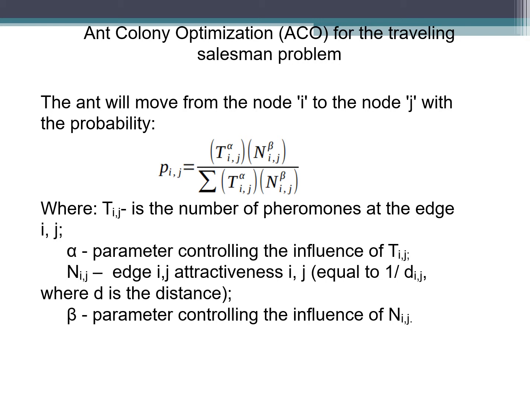So basically, if the next city is close to our city, or if there is a lot of pheromone on the trail, on the edge that leads to that city, the probability that we'll move with this edge is higher. Also, the alpha and beta parameters give us the possibility to fine-tune our algorithms.